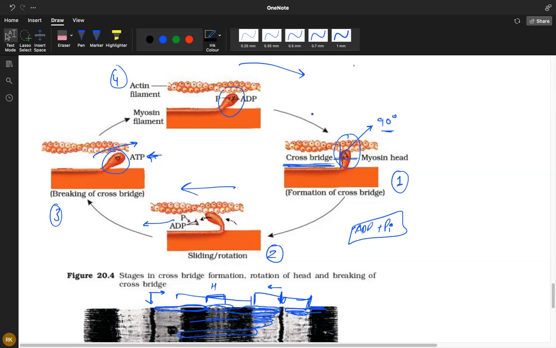So what is required for this activity to happen? One is ATP. If you run out of ATP, which means you are exhausted of energy, there is no energy in your muscles, then you will just fall down. None of your muscles will be able to move. But that rarely happens.